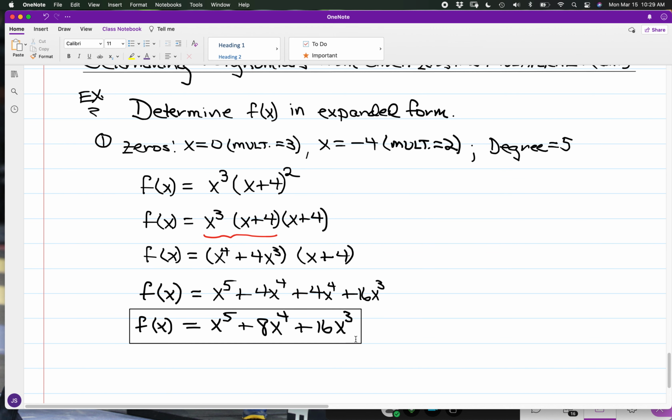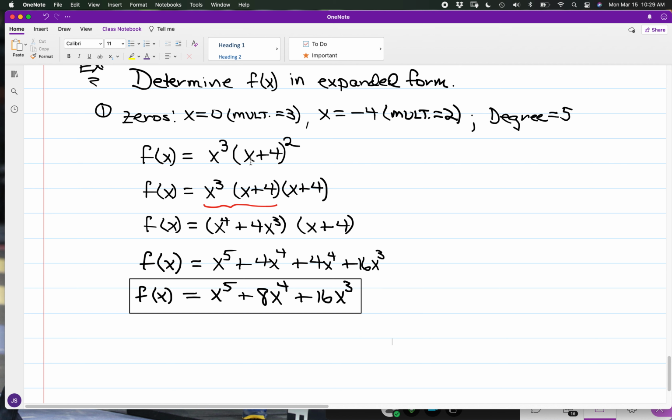And again, if I were to set this equal to 0, I would end up with this factored form from which I would have these particular zeros and their corresponding multiplicity. Now, this is a case where we have assigned integer values for the zeros as well as multiplicities.